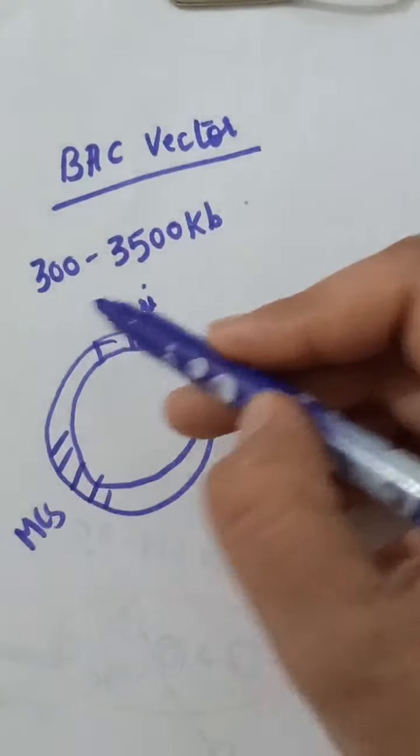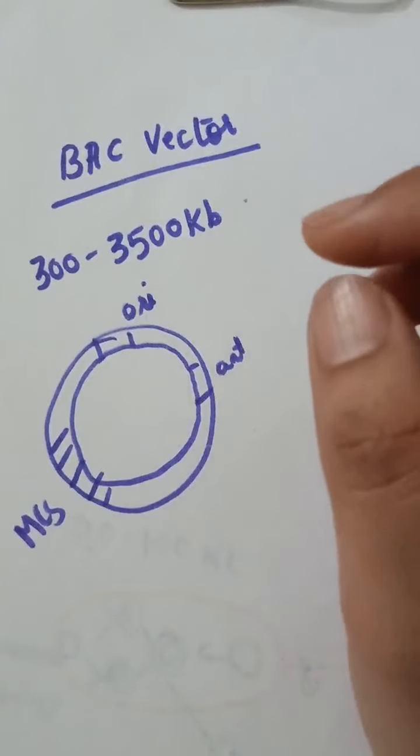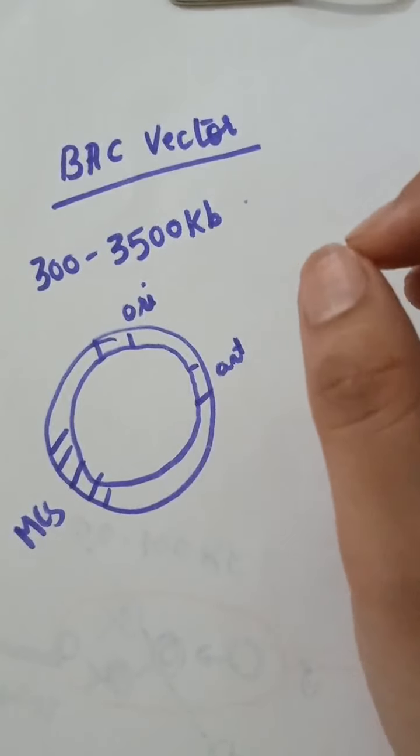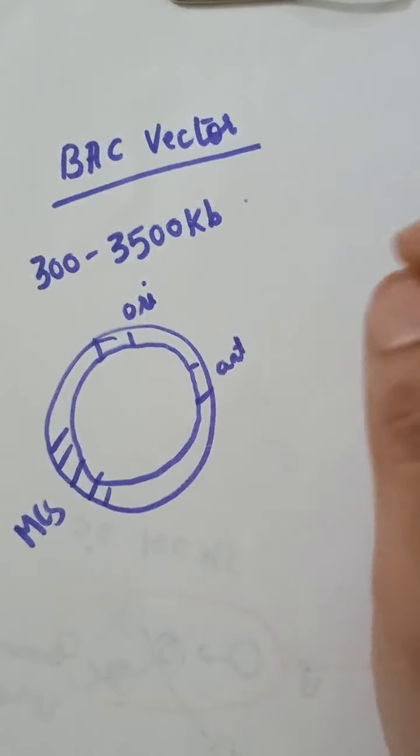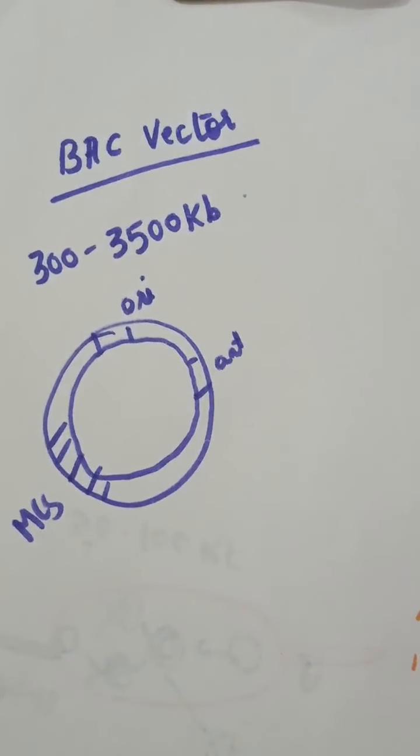The upper limit is 300 to 3500 kb. These BAC vectors were also used during genome sequencing projects, just as the YAC vector.